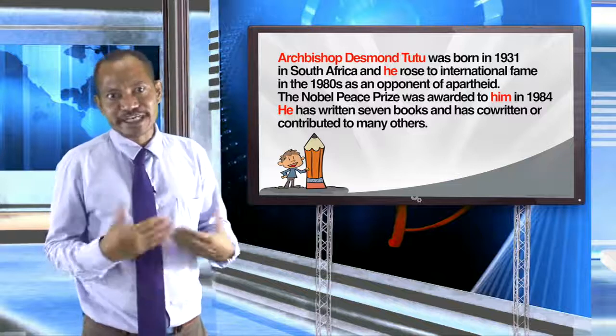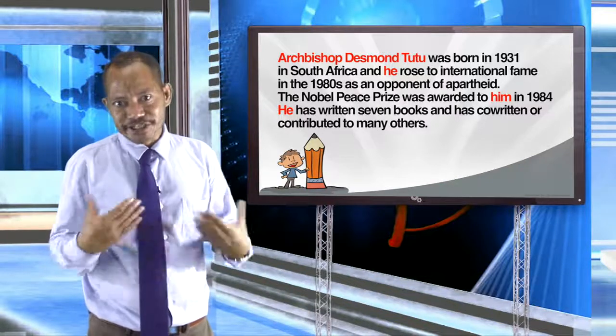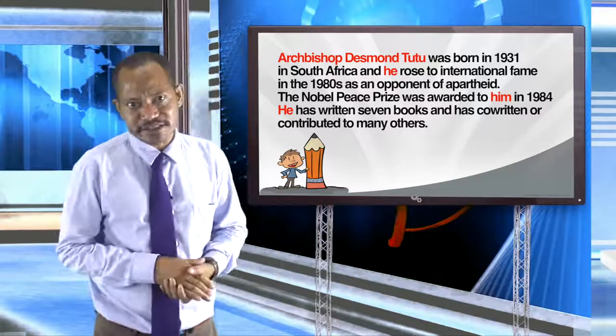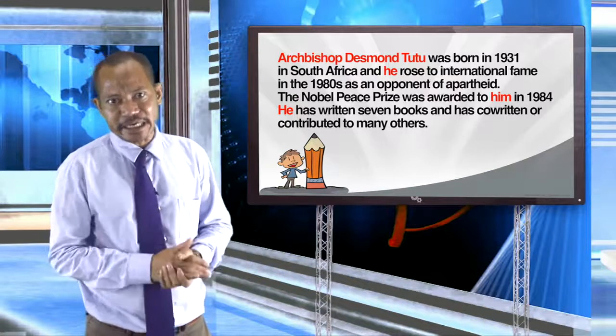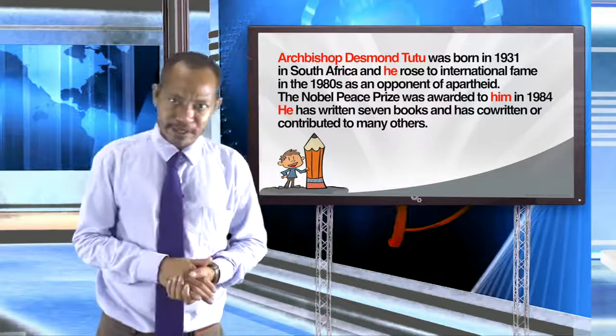So, as you can see in this paragraph, you or perhaps many other readers or listeners can tell that the writer uses he and him to refer to Archbishop Desmond Tutu here.